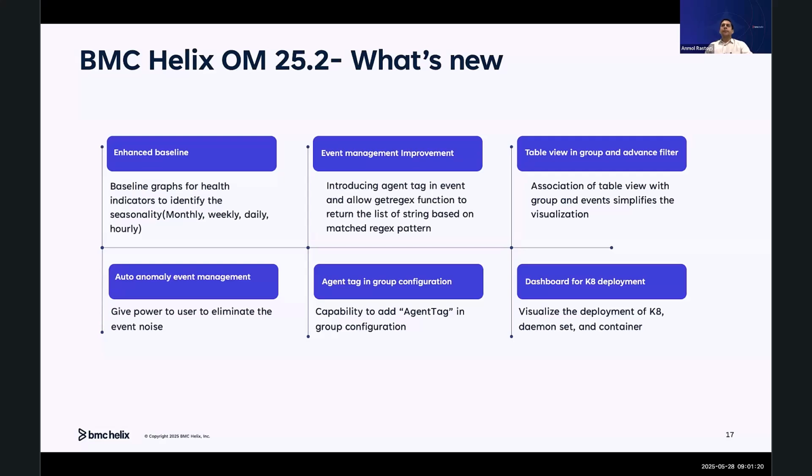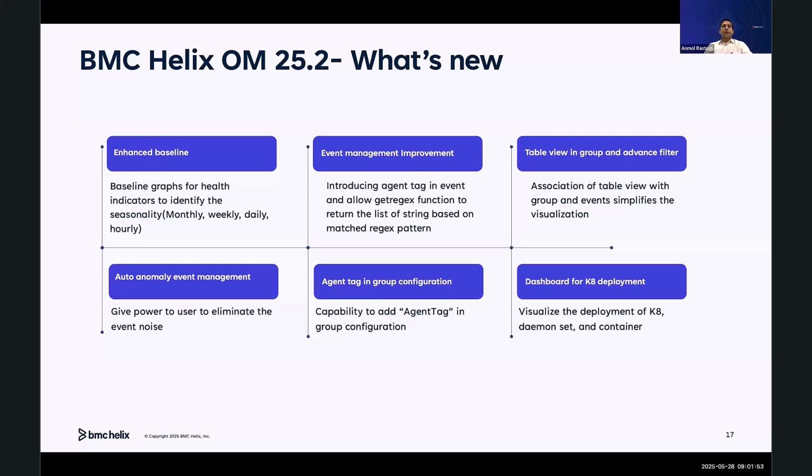Then we have also improved the group pages, where we now have the table view association, and I will talk about this in detail, how this table view can be associated and how it will be beneficial for the user. The same thing is also extended into the advanced filter, where users can now associate what kind of table view, what kind of visualization each operator wants to see for filtering the events.